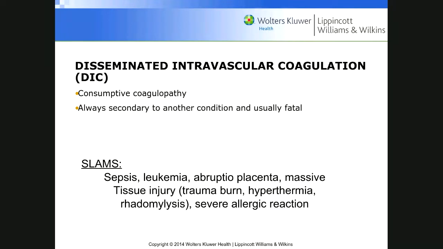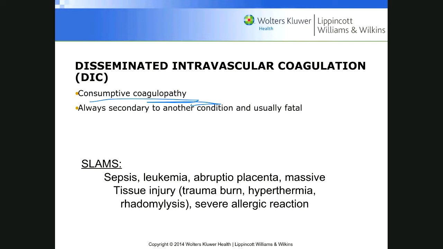You don't have those factors. You already used up all your clotting factors to form clots abnormally. So in this case, we call it consumptive coagulopathy. Consumptive means that you have used it all up already.